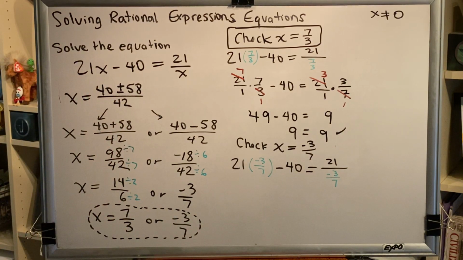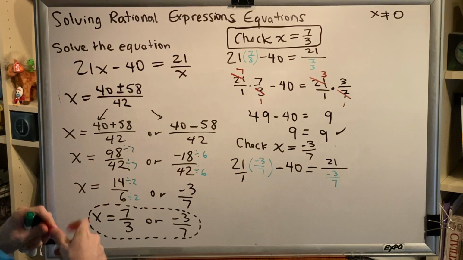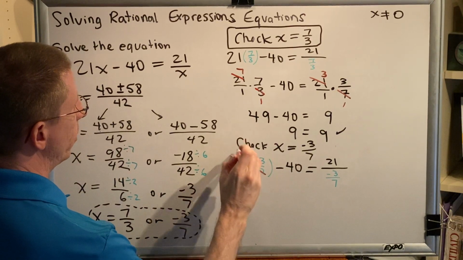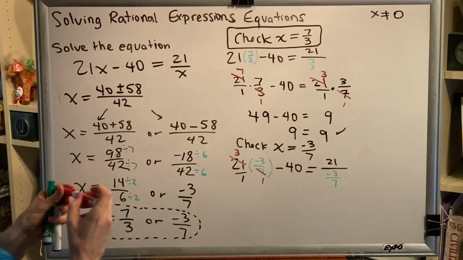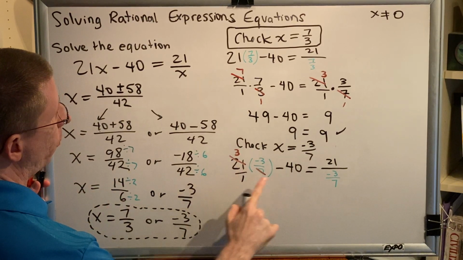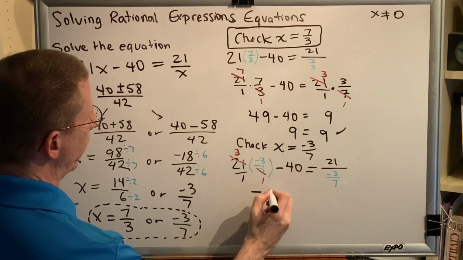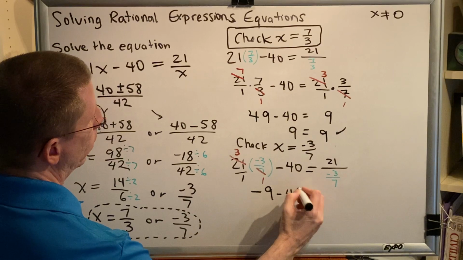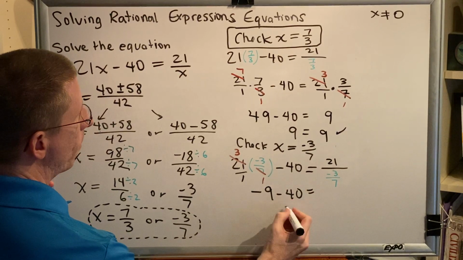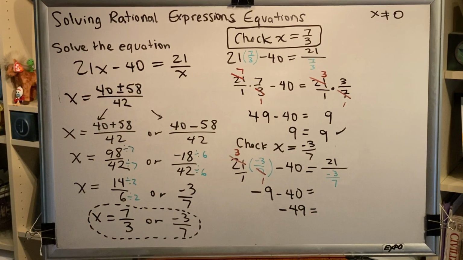Okay, 21 is the same as 21 over 1. 21 divided by 7 is 3, so I can replace this with 3 over 1. Anything divided by 1 is itself, so this is just a 3, and this is just a negative 3. 3 times negative 3 is negative 9. Negative 9 minus 40 is negative 49. So on the left side, we have negative 49.